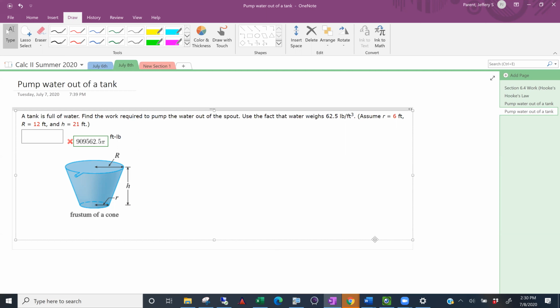Let's see, I need to grab a few dimensions first. So let's see, 6 and 12 would be the radius of the bottom and the top, respectively.